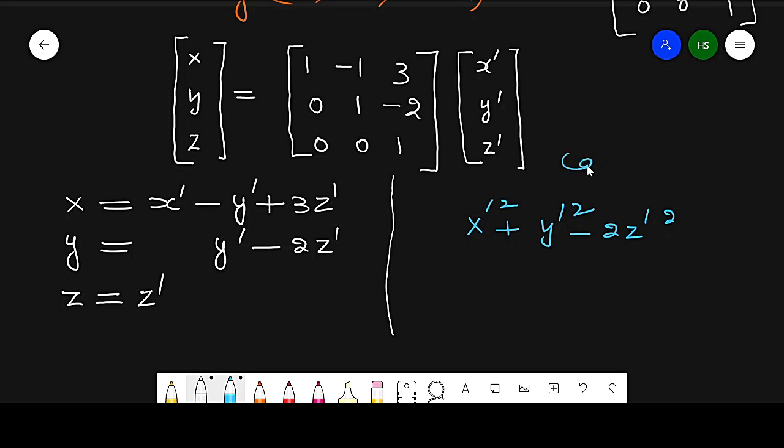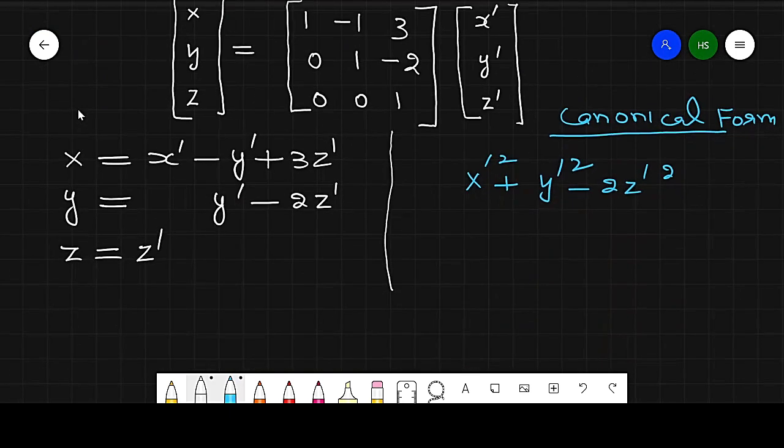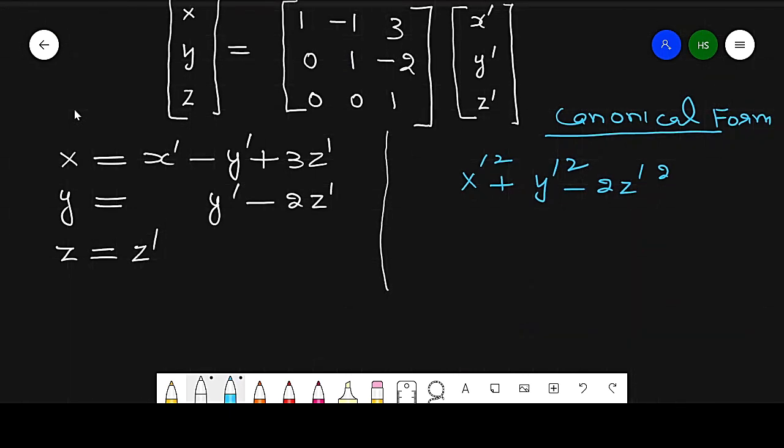So this is a canonical form, reproduced from this B matrix, that is x dash square plus y dash square minus 2 z dash square. Now here the number of variables are 1, 2 and 3. So what is its rank? So rank is equal to 3.